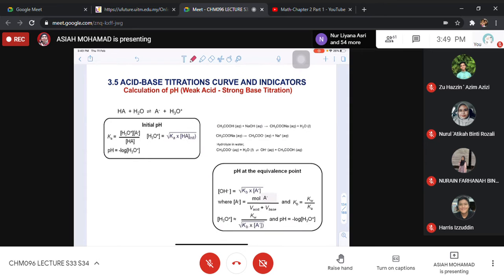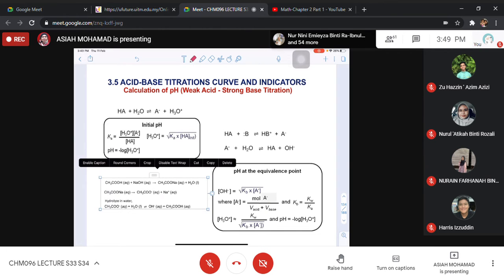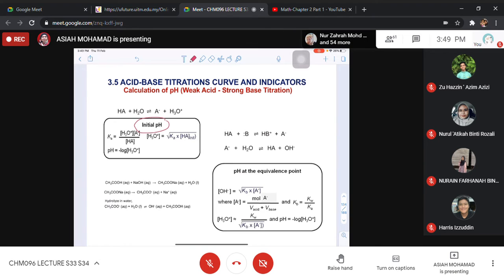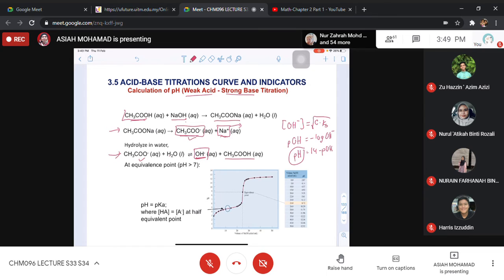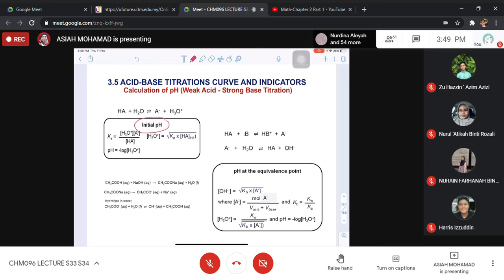So these are the two calculations involved for weak acid, strong base. Initial pH depends on what species is present in the flask. In this case, you put the weak acid in the flask, because you start with the pH of the weak acid. It is a titration between weak acid and strong base, so the strong base is in the burette.